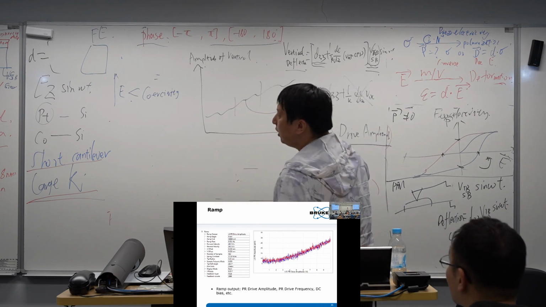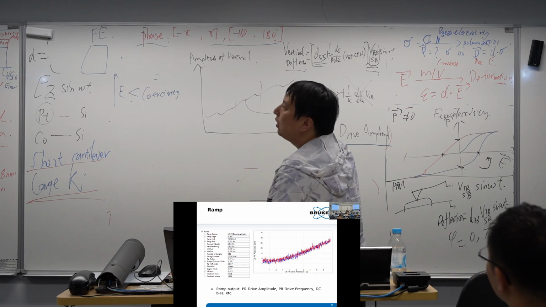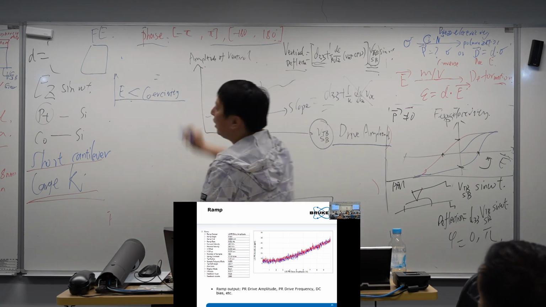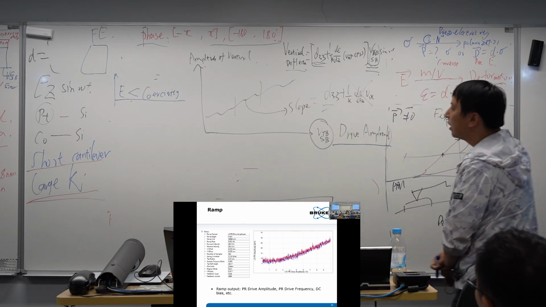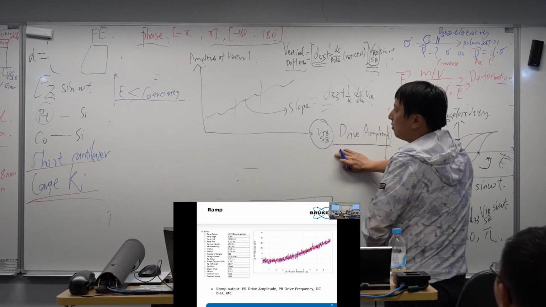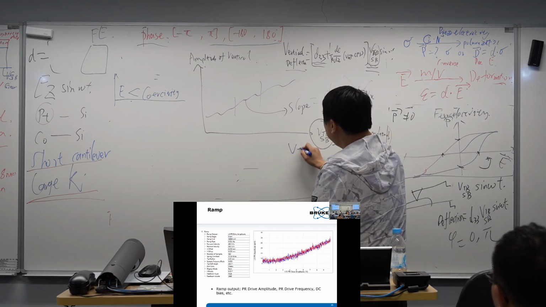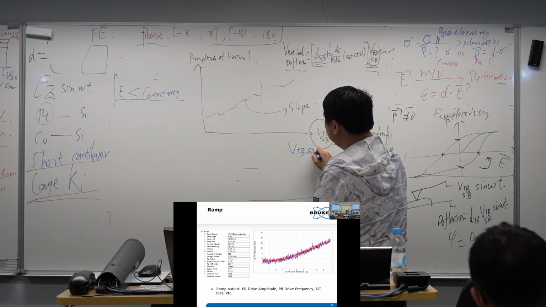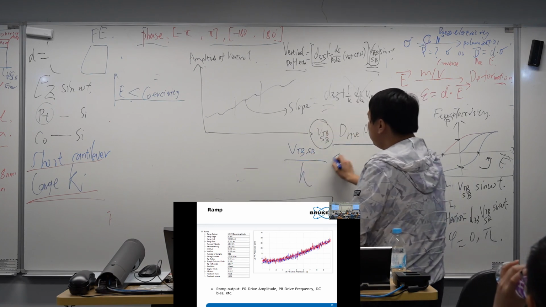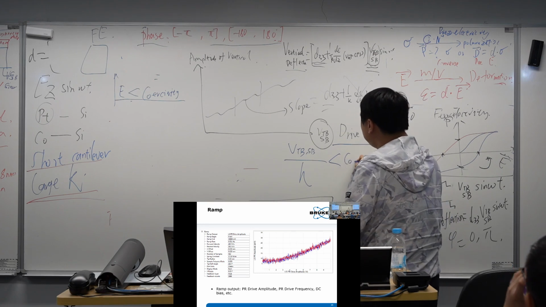We are actually switching and damaging the domains. So we don't want to exceed the coercivity. That means V_TB, V_SB divided by the thickness of the sample should be smaller than the coercivity.